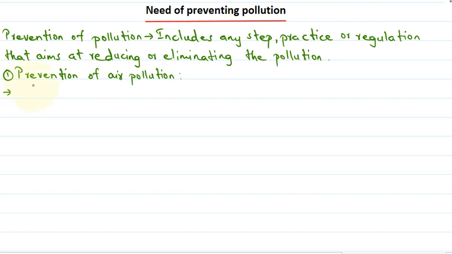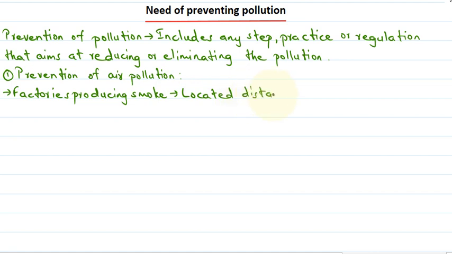The factories producing smoke should be located distantly from the residential locality, so that in the residential locality the smoke doesn't reach much and this does not cause any respiratory diseases.